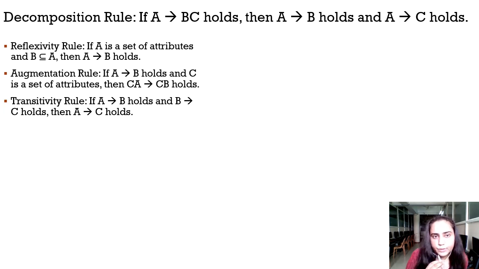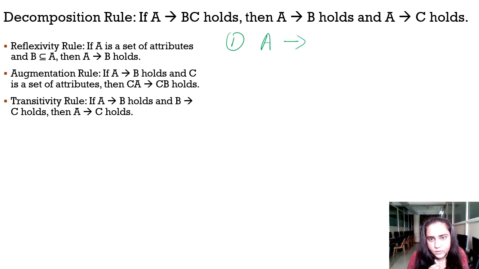So in order to be able to prove this decomposition rule, I'm going to do something very simple. The first thing that I'm going to write down is just repeat whatever is given.